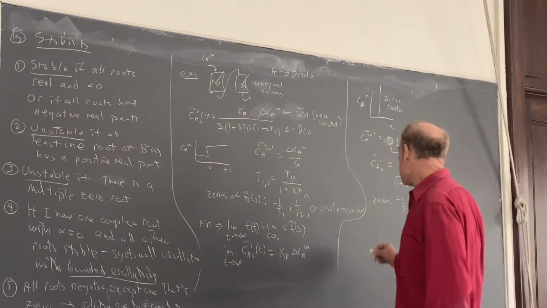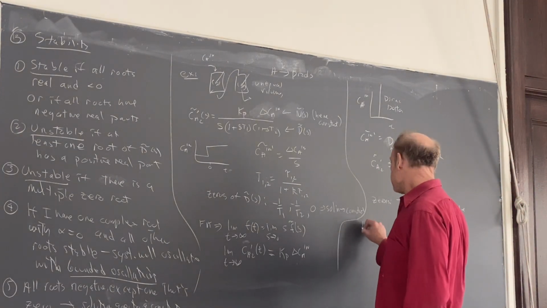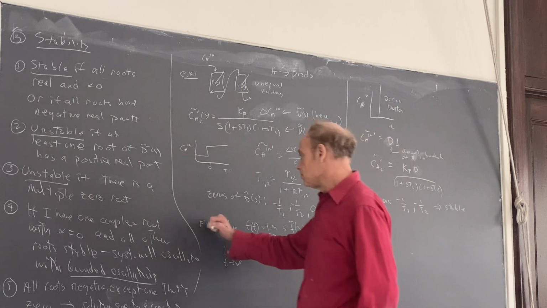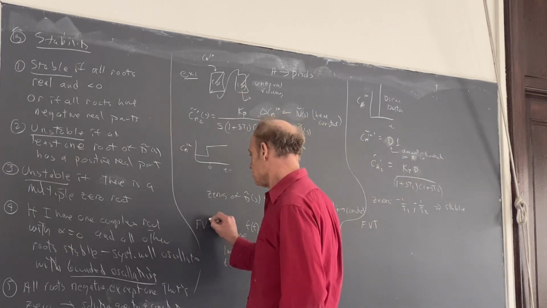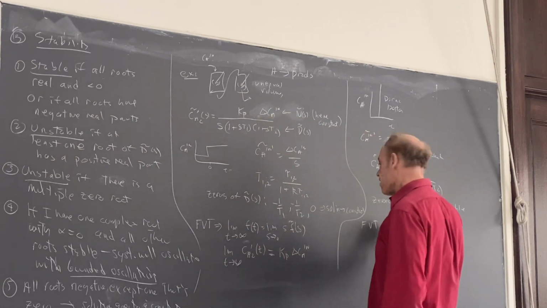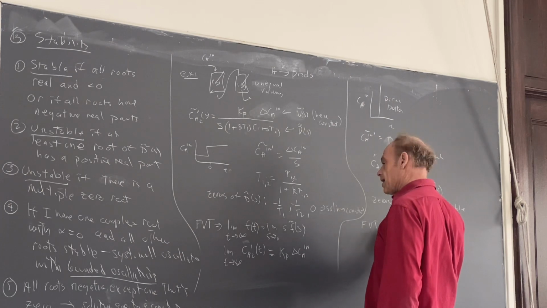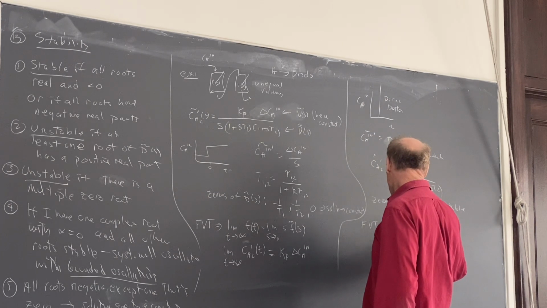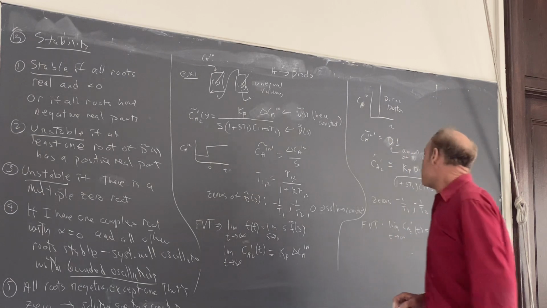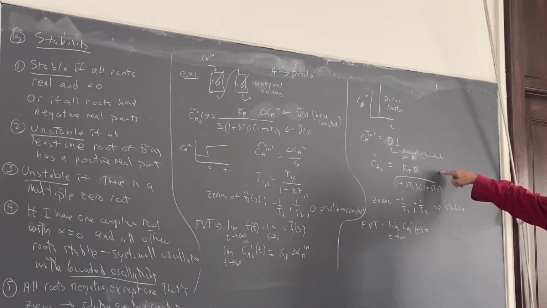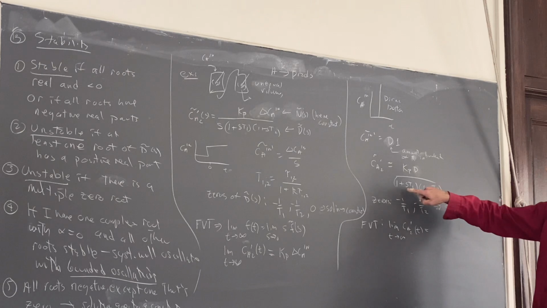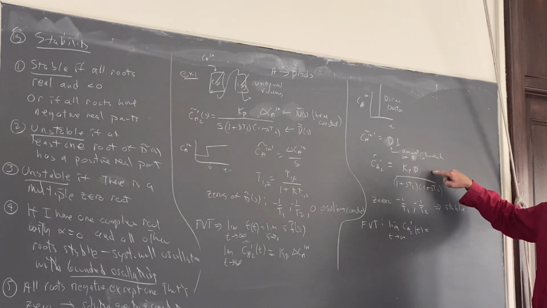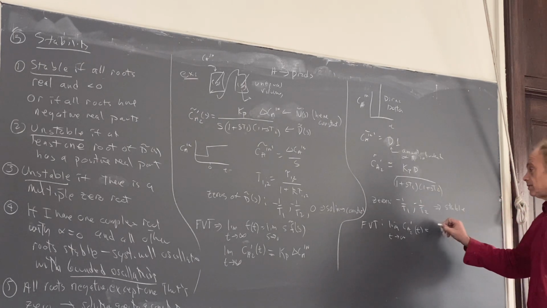If we look at the final value theorem, we have the limit as t goes to infinity of CA2 prime of t. I multiply by s, and I take the limit as s goes to 0. I get 1 in the denominator, and I get 0 in the numerator. 0.